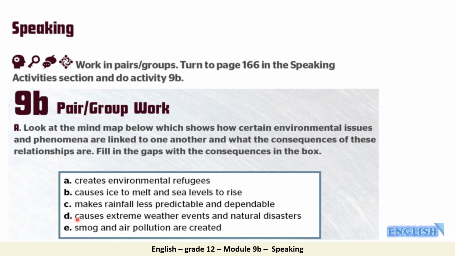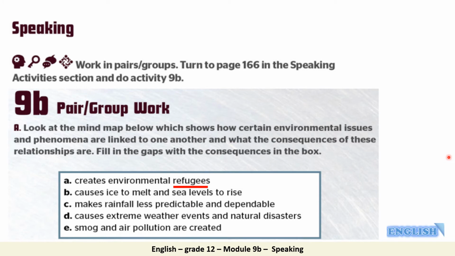These are the consequences. Creates environmental refugees, causes ice to melt and sea levels to rise, makes rainfall less predictable and dependable, causes extreme weather events and natural disasters, smog and air pollution are created. We are going to start with explaining these words. For example, refugees.